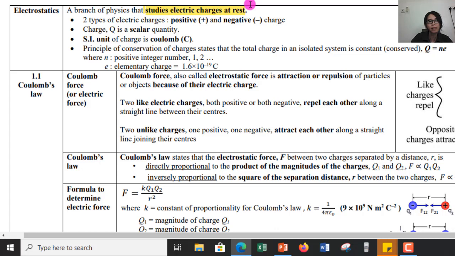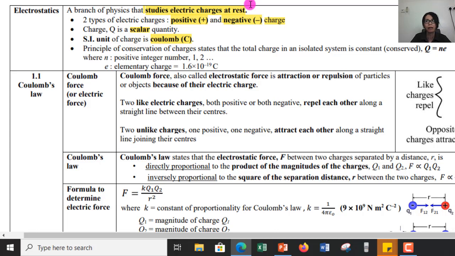Basically we have two types of electric charge. It might be positive or negative charge. Charge is a scalar quantity whereby the SI unit for charge is Coulomb, represented by the symbol C, capital C. According to the principle of conservation of charges, the total charge in an isolated system is constant or always conserved.